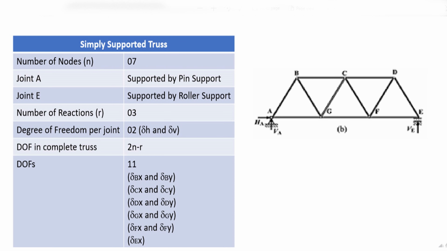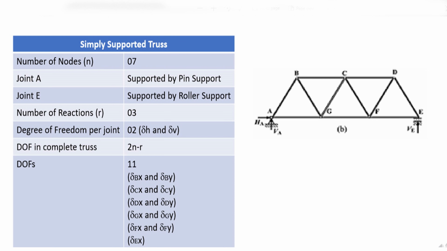If we have Fy at E, joint E cannot be displaced in the y direction. So we have 3 reactions, Fax, Fay, Fey. So joint A cannot be displaced in x and y direction, and joint E cannot be displaced in only the y direction.